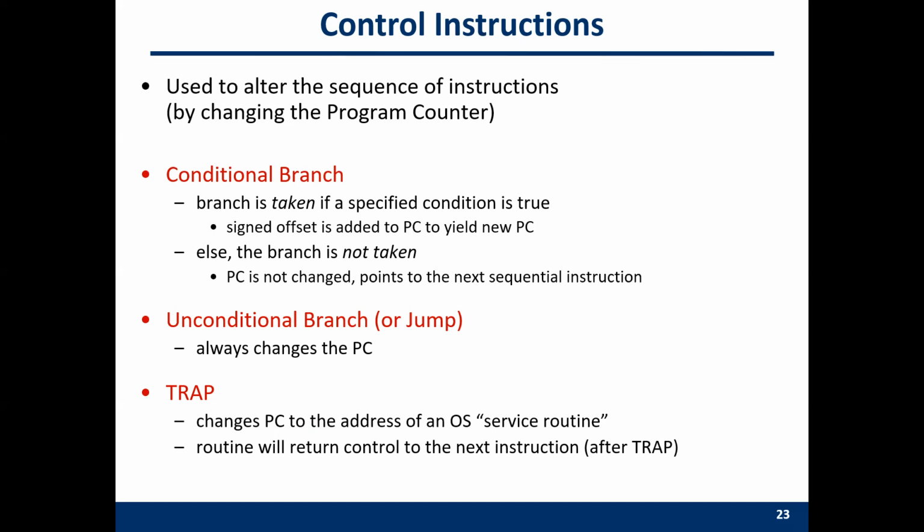And the last one is the trap. Trap means you have some IO device or some special event which requires the CPU to pay attention to it. So typically the trap is implemented by OS services, which change the PC to the address of the OS function.